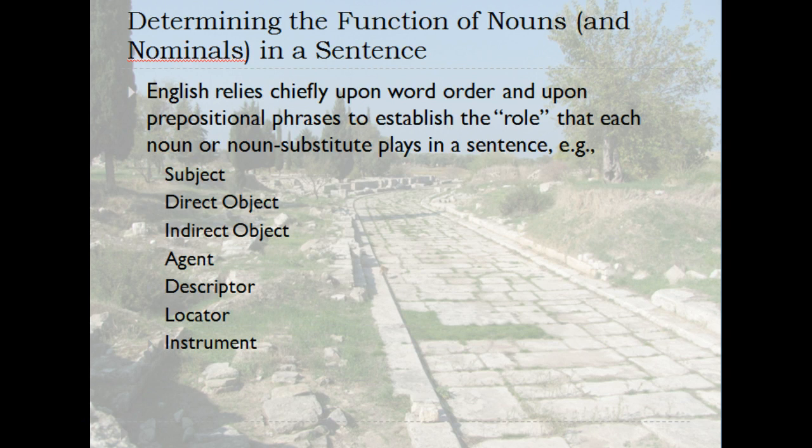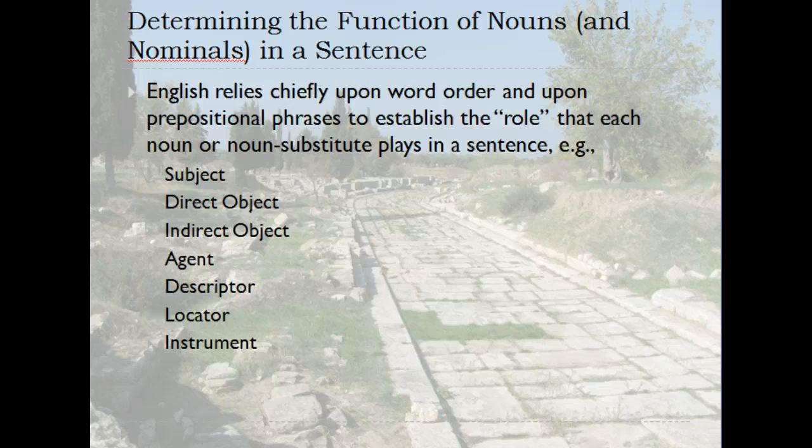Now, in an English sentence, we can typically find a subject and a direct object. Very often, an indirect object, and some other nouns fulfilling other roles. For example, a noun might give us the location of the action. It would be a locator.